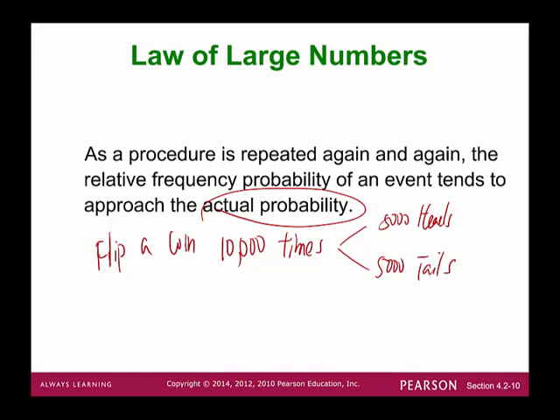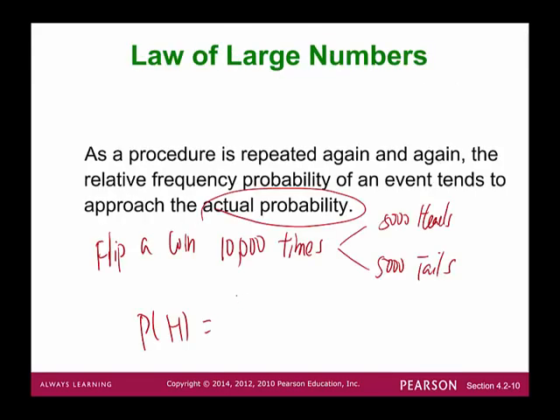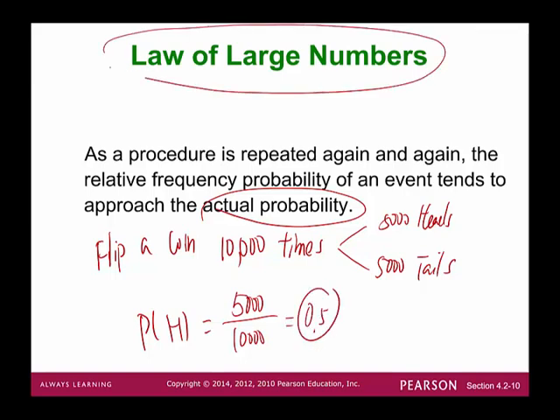So the probability of heads will approach the actual probability, which is 0.5. You get 5,000 over 10,000, that turns out to be 0.5. This is the law of large numbers. If you repeat the procedure again and again, you get a probability which tends to approach the actual probability.